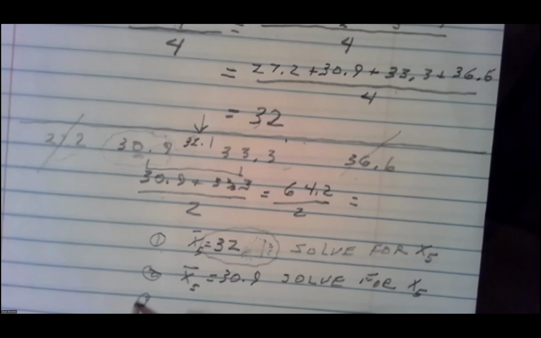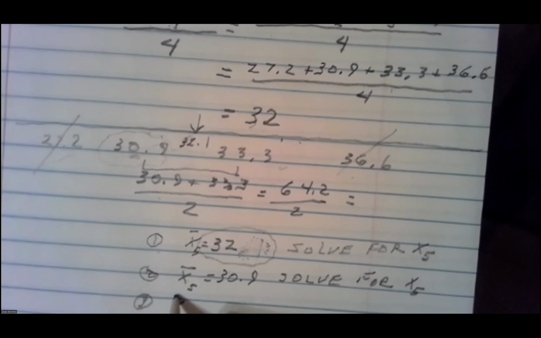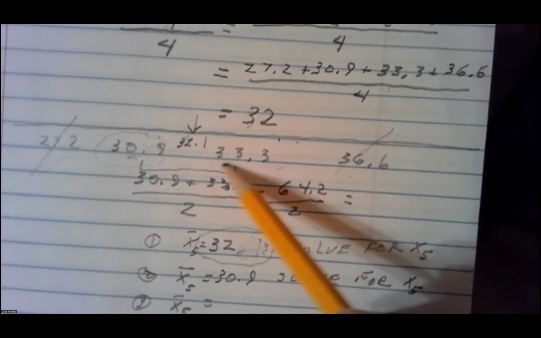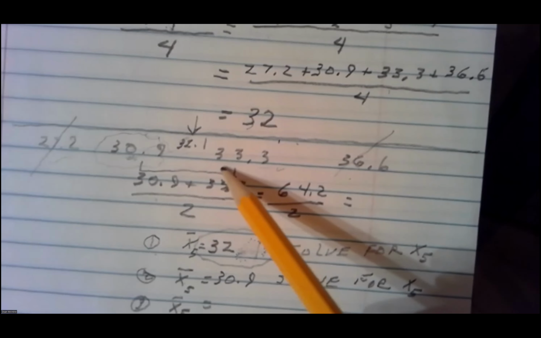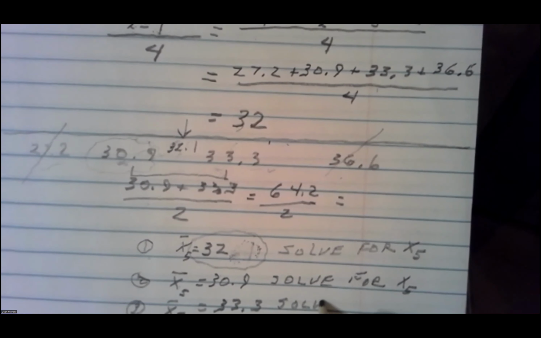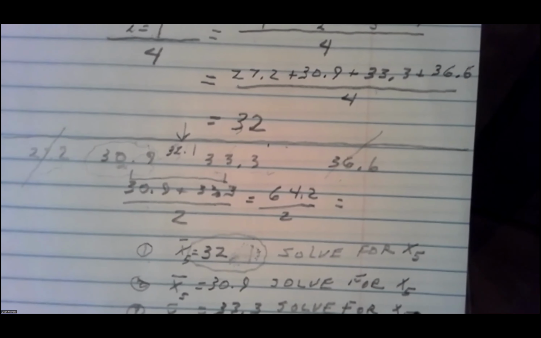And the third is x bar sub 5 equal to the other number of the raw data set, just to the right of the median, in this case 33.3, and we'll solve for x sub 5.